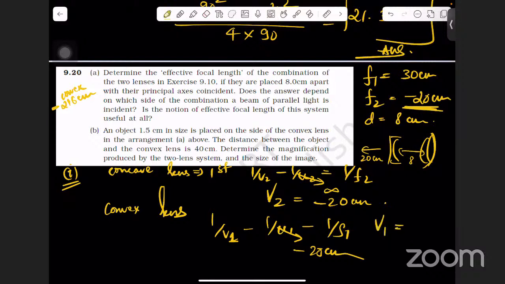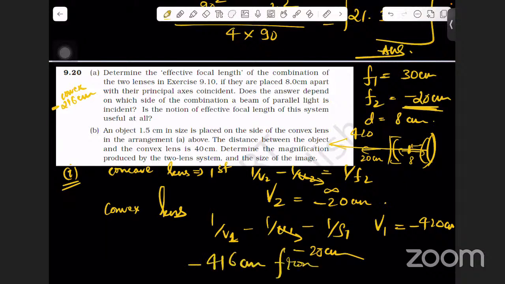You find V1 as minus 420 centimeters. From here, it's 420. From the center, it's 4 centimeters. So minus 416 centimeters from the center of the combination.